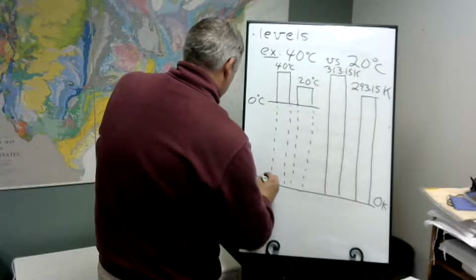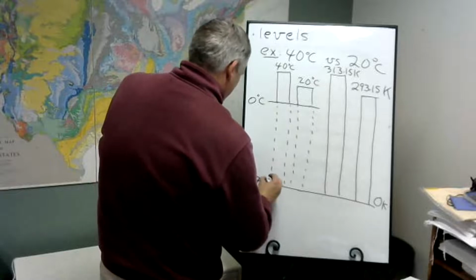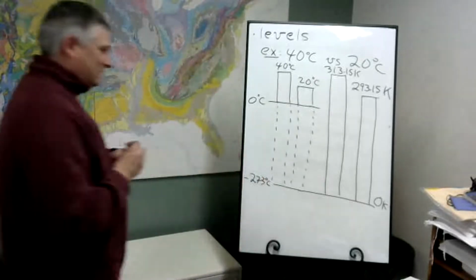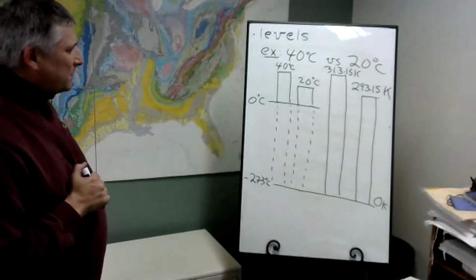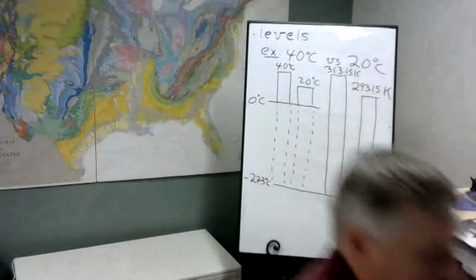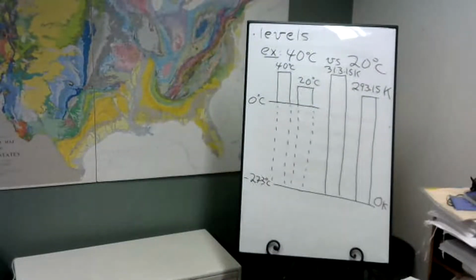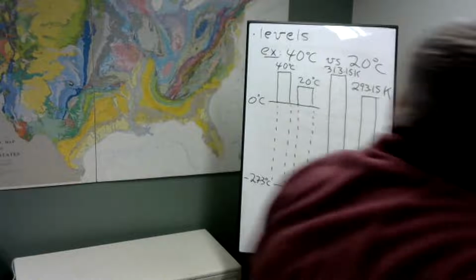Minus 273 degrees Celsius. That's what 0 Kelvin turns out to be. So when we're talking about temperature, let me just do one quick conversion, make sure my conversion's right. That looks good. Okay, good.